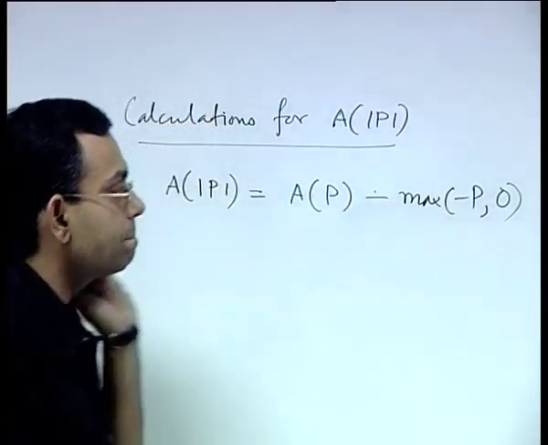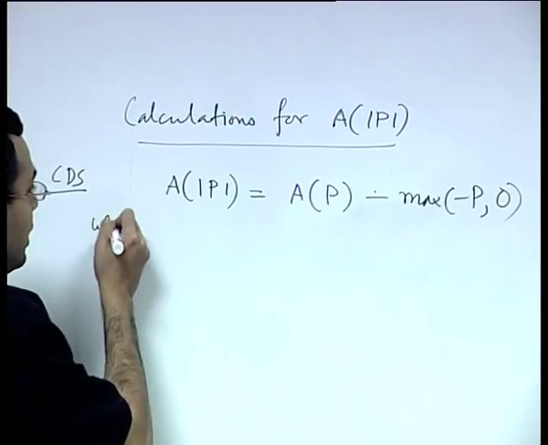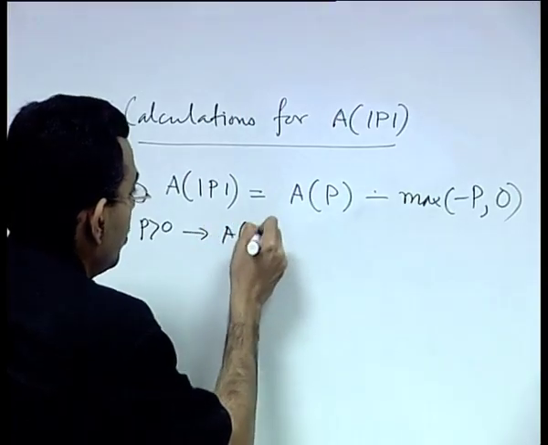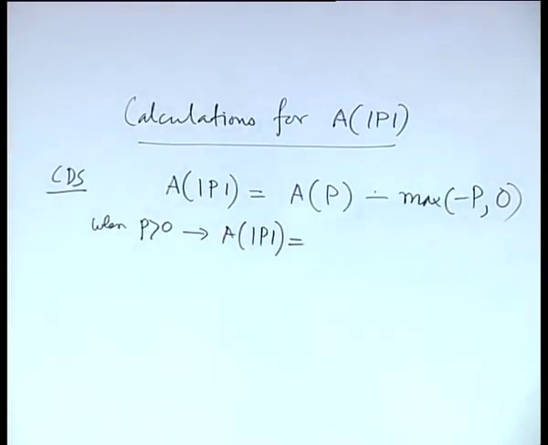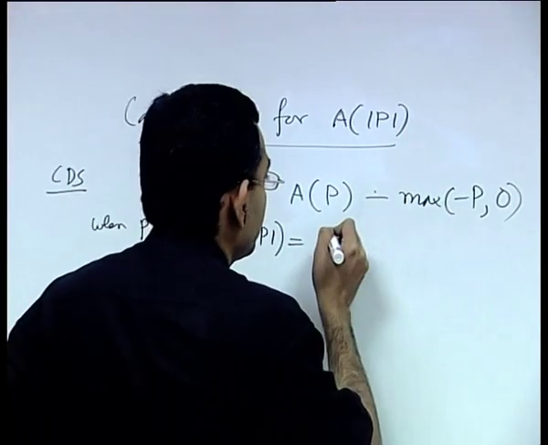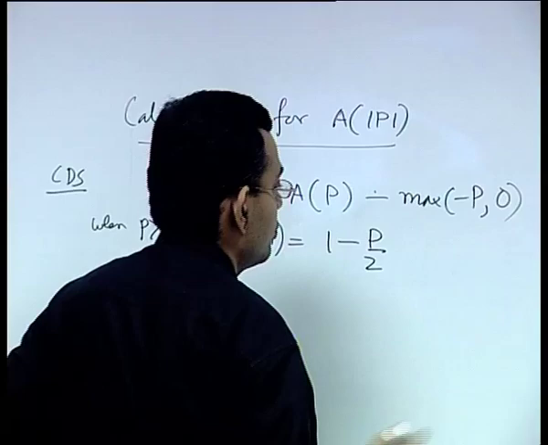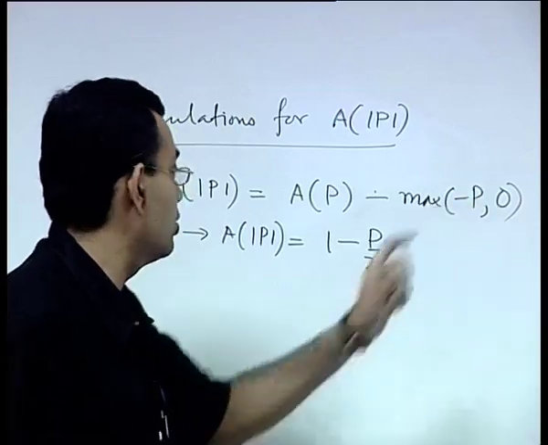So when P is greater than 0, A of mod P equals 1 minus P by 2, since max of minus P and 0 is 0.